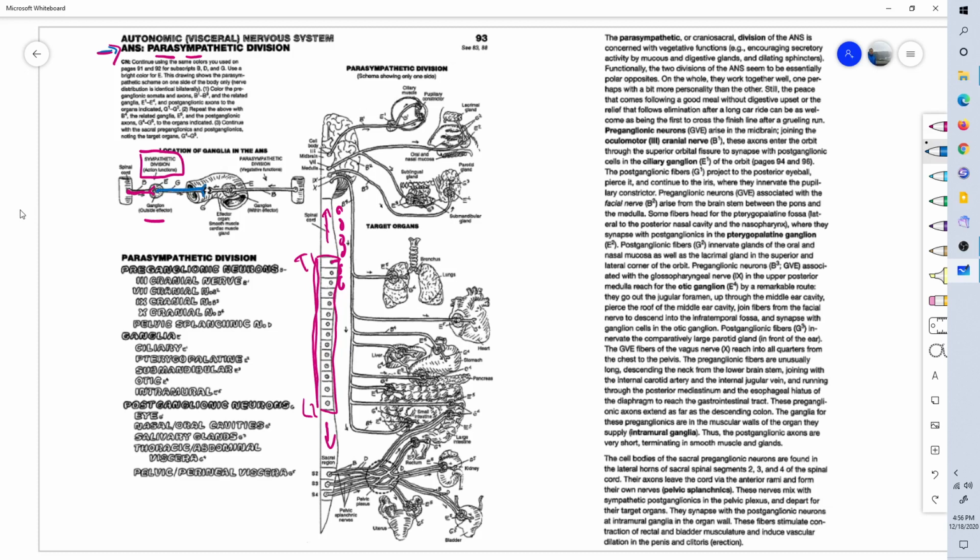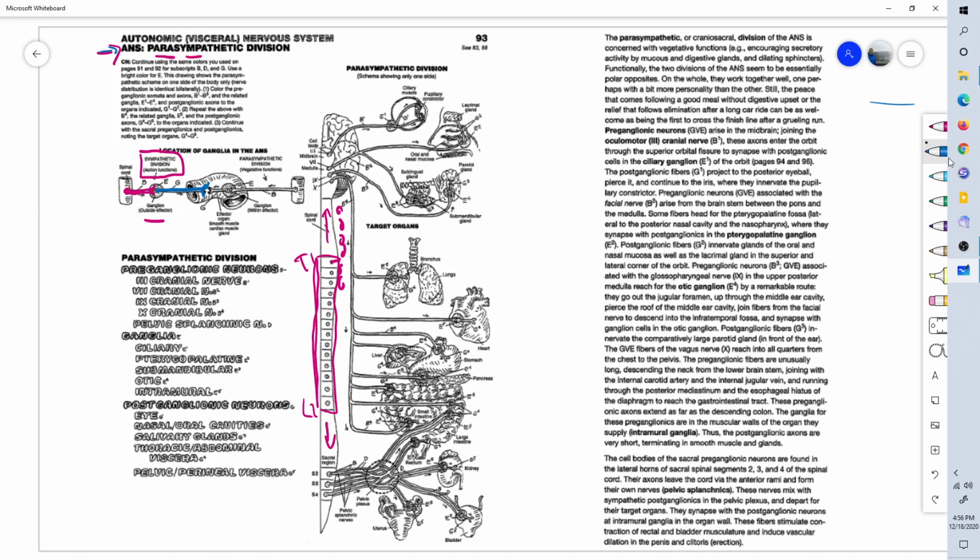it or inhibit it. Now, there's something different about the parasympathetic nervous system, because look how short the sympathetic preganglionic fiber is here, preganglionic neuron. And then we have a long postganglionic neuron.